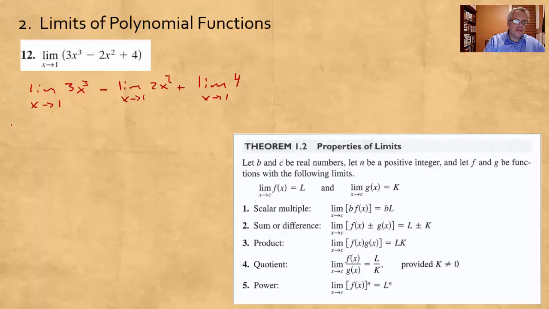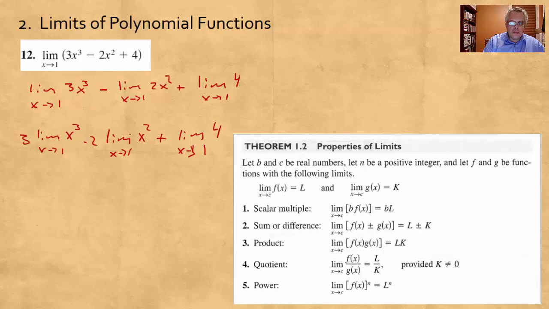All right, I'm going to move the constants out front. 3 times the limit as x approaches 1 of x cubed minus 2 times the limit as x approaches 1 of x squared plus the limit as x approaches 1 of 4.